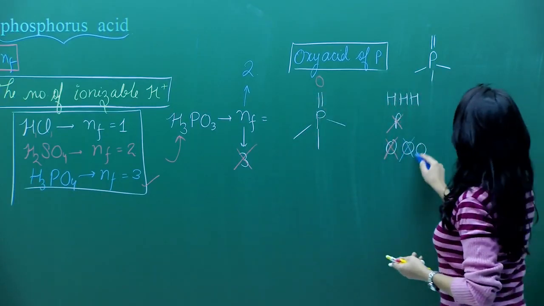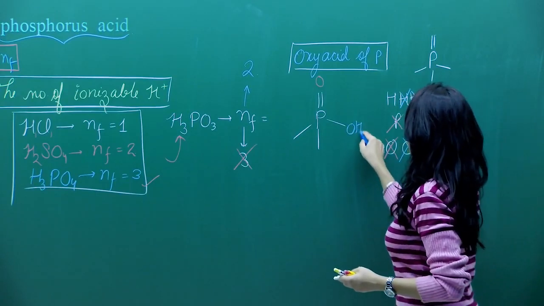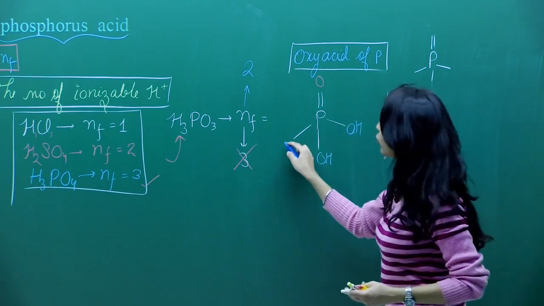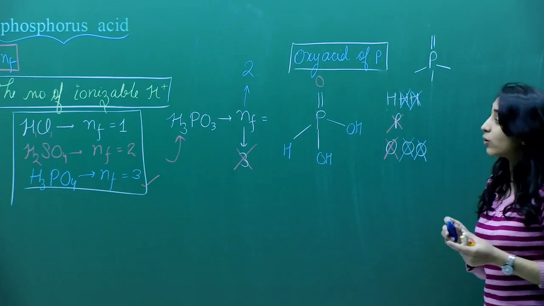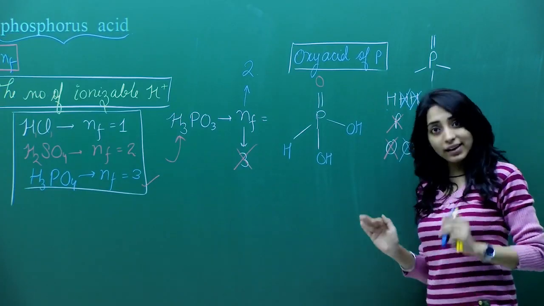How many O's are there? 2. So 2 O will combine with 2 H, OH, OH, and 1 H is left alone. So we will put 1 H here. So this is how we are done with the structure of phosphorous acid.